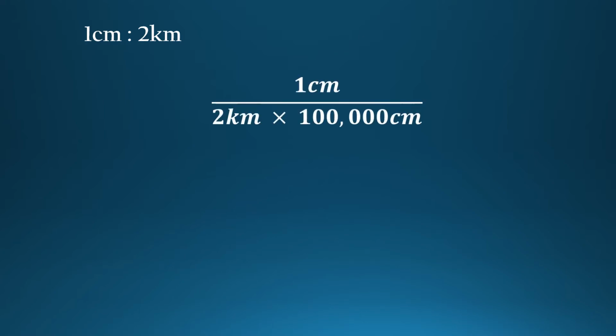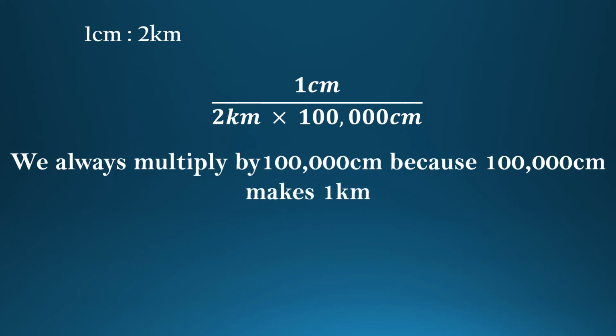We first of all place the 1 centimeter over 2 kilometers multiplied by 100,000 centimeters. Wow! Where did that 100,000 centimeters come from? Out of the blue? Not really. You see, we use the 100,000 centimeters because 100,000 centimeters is equal to 1 kilometer.